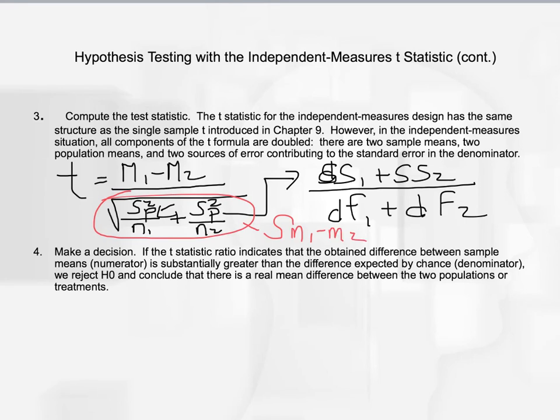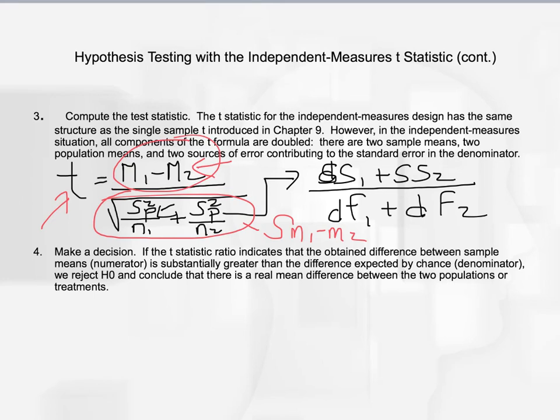And then, depending on the t-value that we get, we make a decision to accept or reject the null hypothesis. The process is the same, the thinking is the same, the logic is the same. We have a difference between two means. We want to know whether this difference is due to sampling error or whether this difference is due to the treatment because we treated one group differently from another.